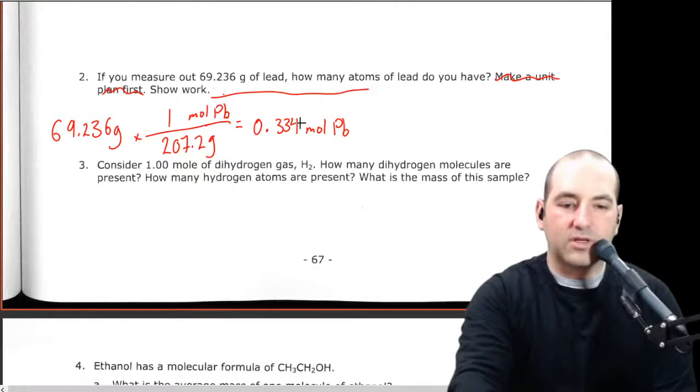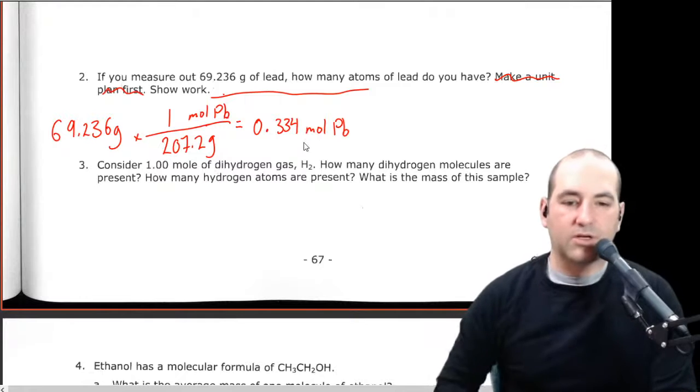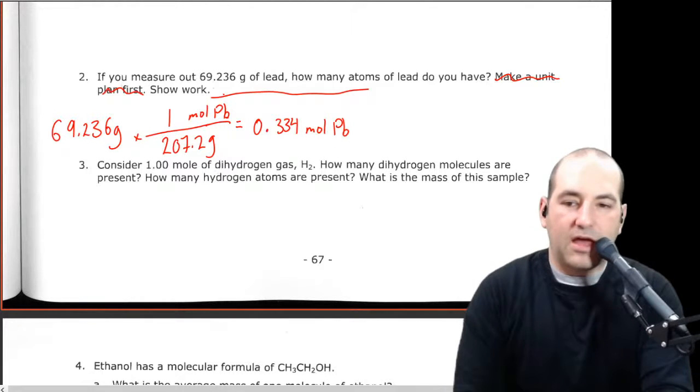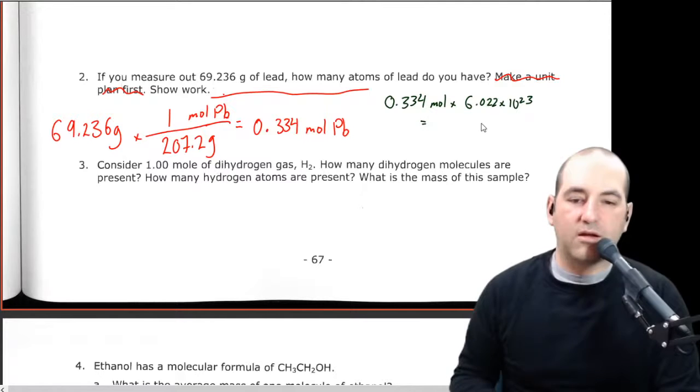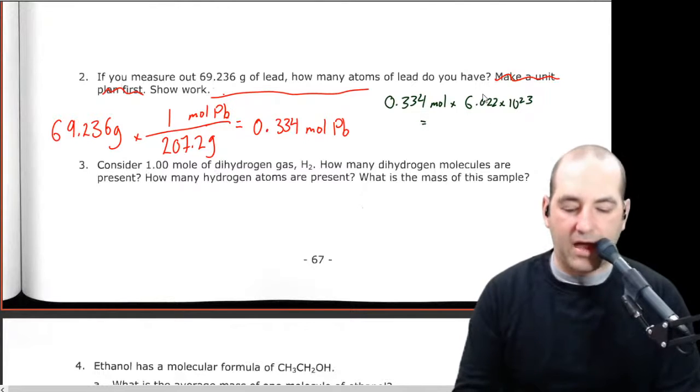And that leaves us with the number of moles, which again is a count. So then, from there, we can multiply that times that big number called Avogadro's number to get our total number of atoms.